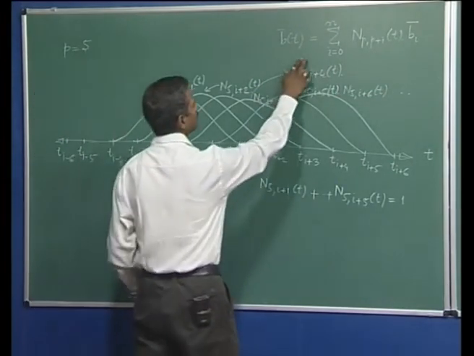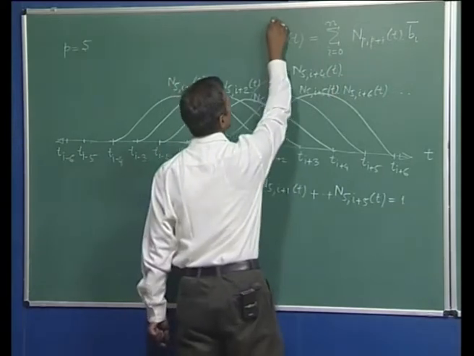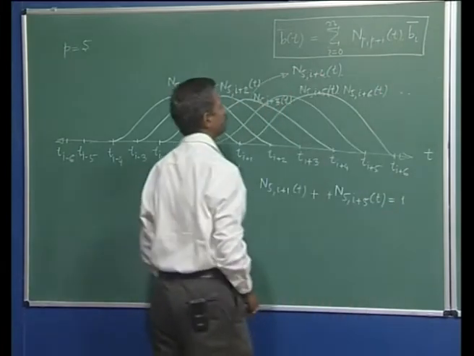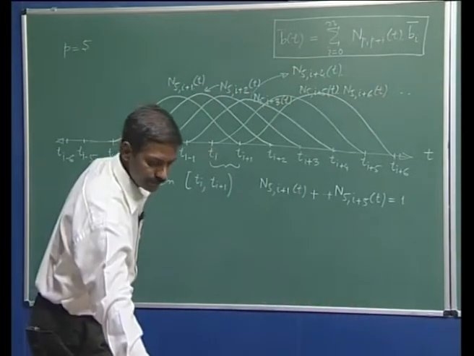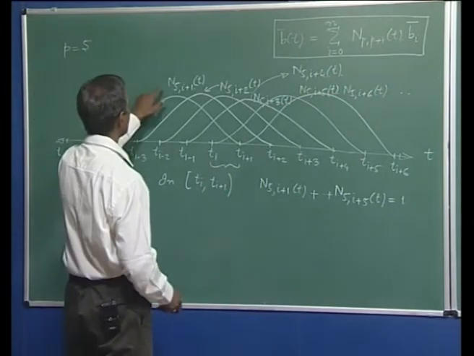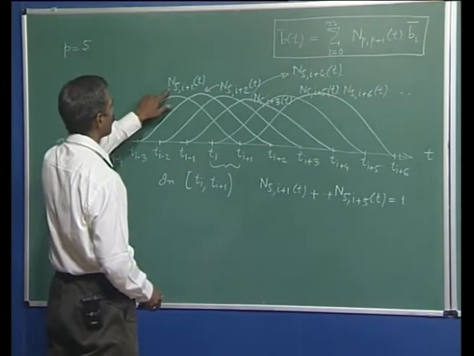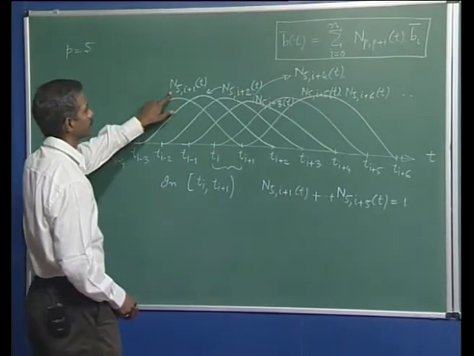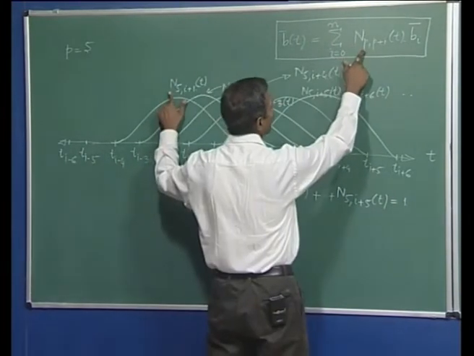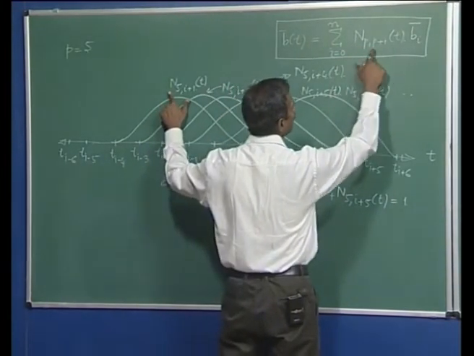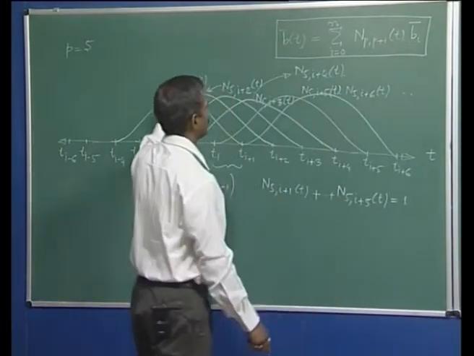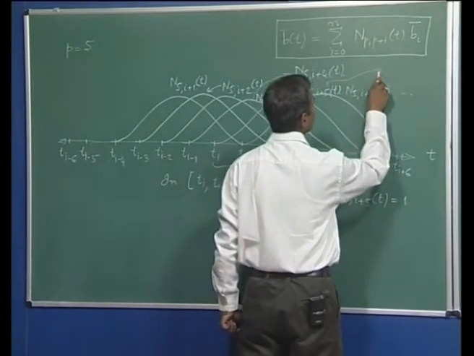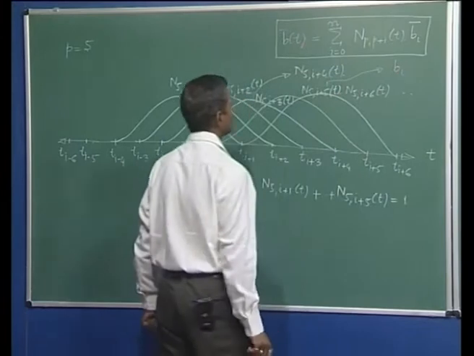Now let's look at this definition of a curve. What is the design point associated with N_{5,i+1}? With N_{5,i+5}, b_i is associated. So let's work backwards. With this one, b_i is associated.